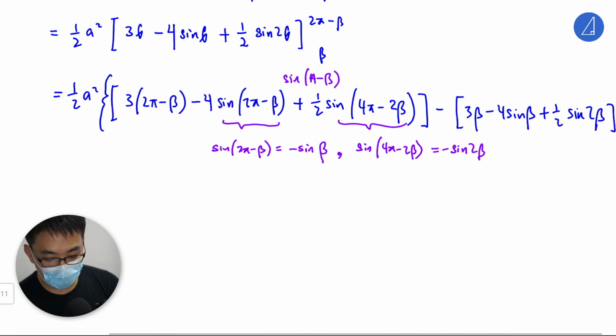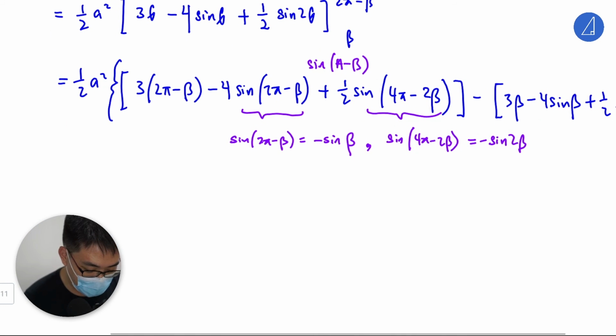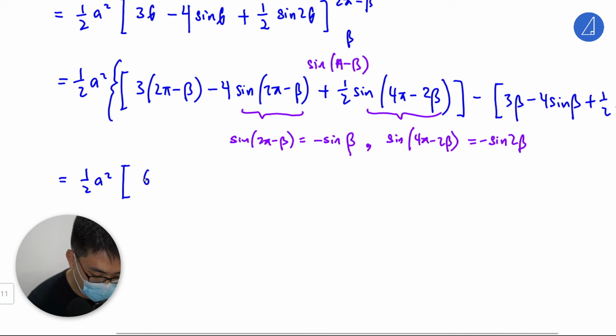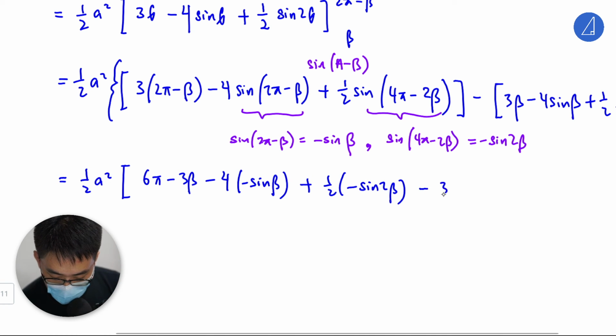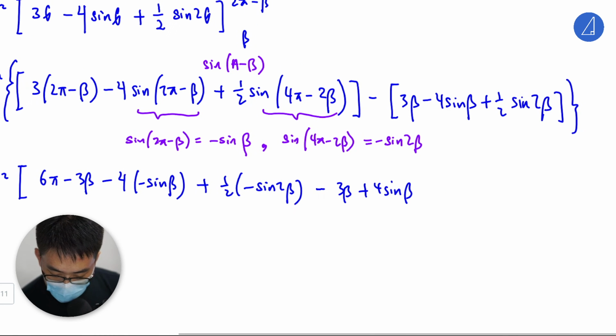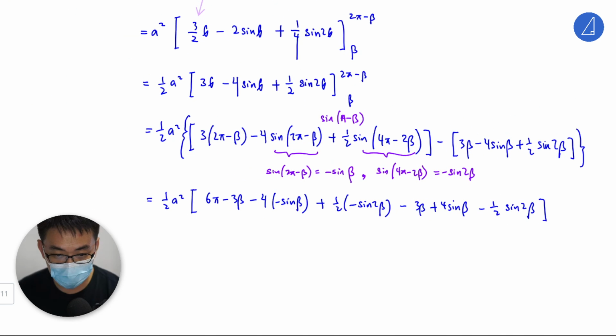But I just use the identity because if I were to rewrite it, my hand is going to drop off, really. So this is like, okay.